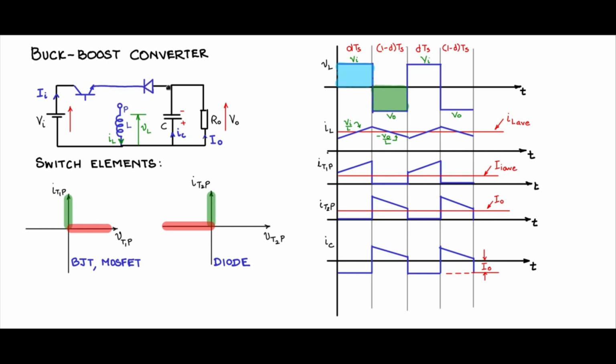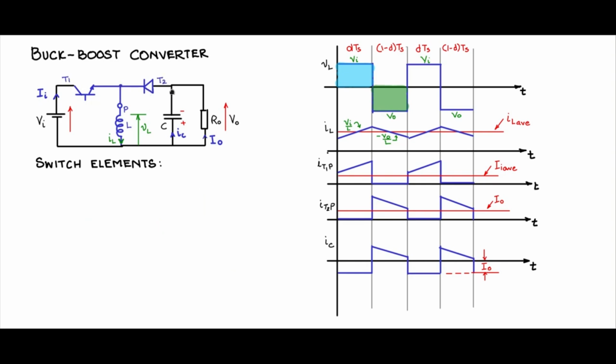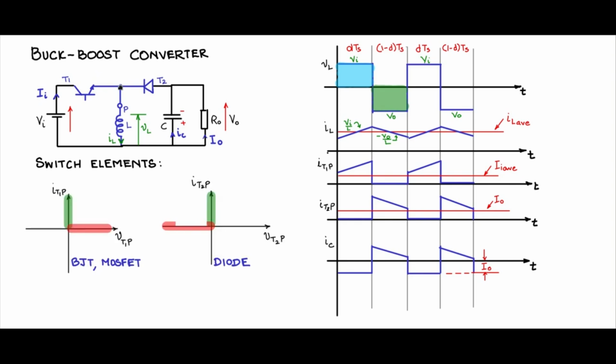Again, the direction of current flow is from T2 to P, keeping that in mind. So this is T1 and this is T2. Now you have the BJT and the diode interposed inside the circuit, and this gives you the entire buck boost converter topology with semiconductor switches.